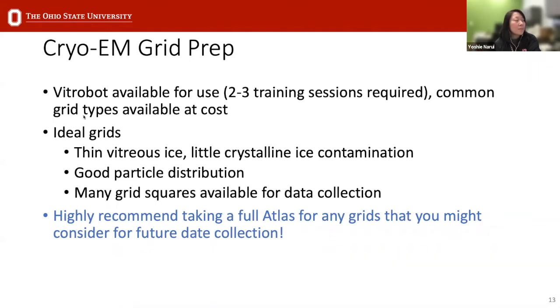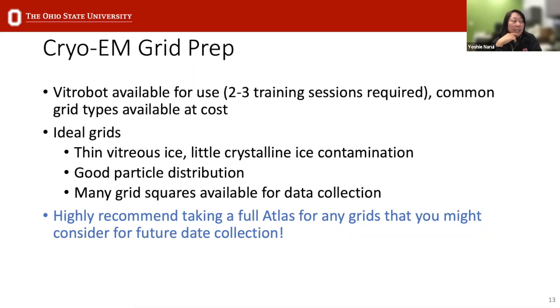And the whole goal of this process, right, of making cryo-EM grids is that you want to achieve very thin vitreous ice. You don't want to see crystalline ice contamination at all, or very little, on your grid. Just like in the negative stain, you want very good particle distribution in the holes.